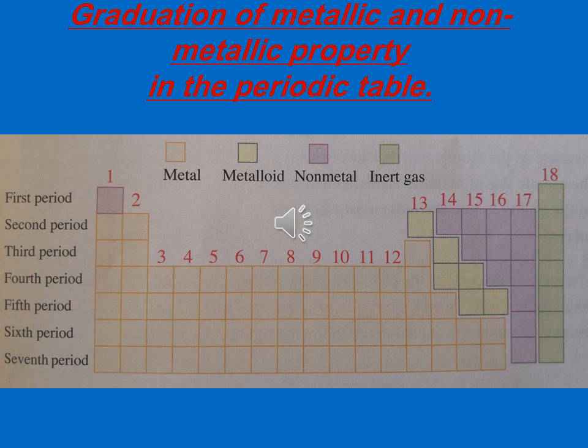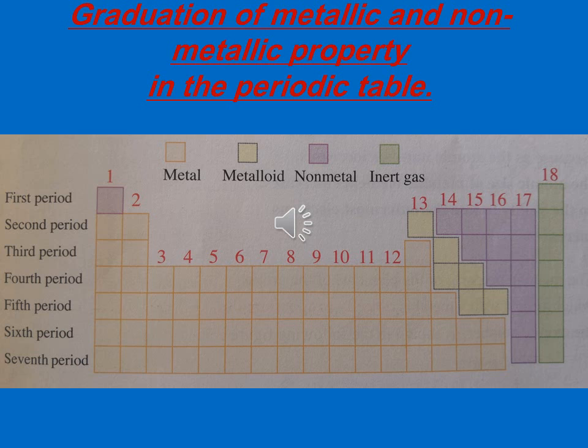As we go from the left side to the right side, the metallic property is decreasing, and I will tell you why in the next slide. First we meet metals on the left side, then as we go to the right side we meet metalloids, and after metalloids we meet the non-metals, and then at the end of the period, the inert gases.